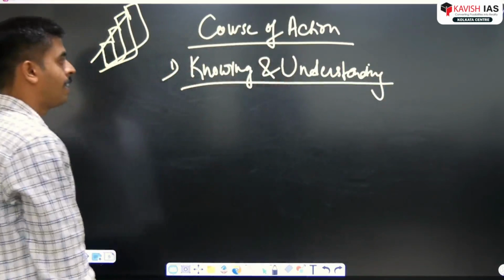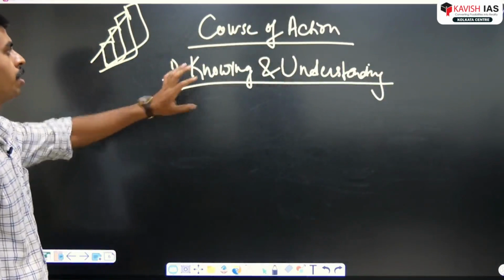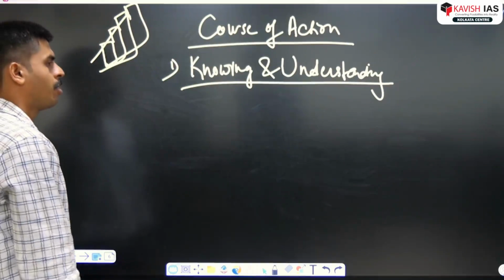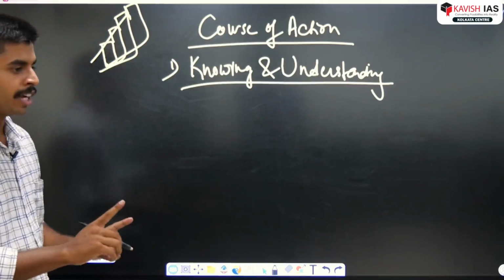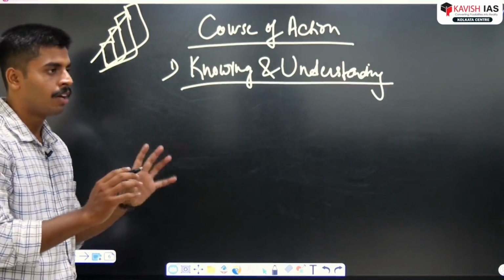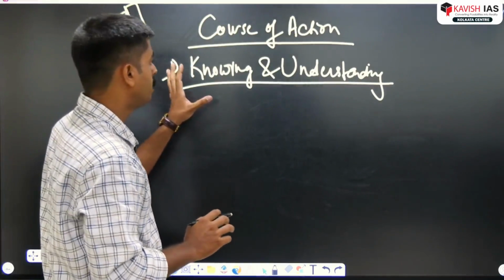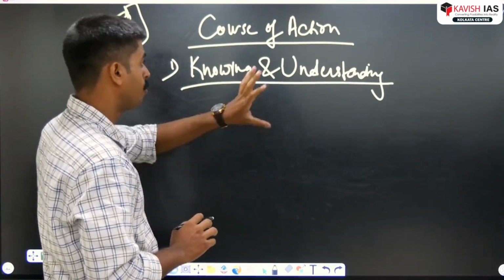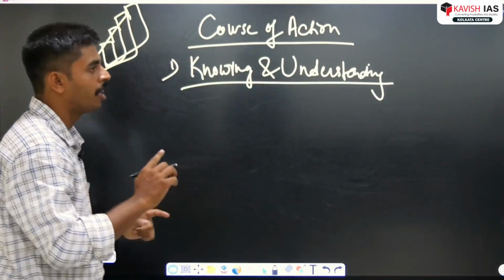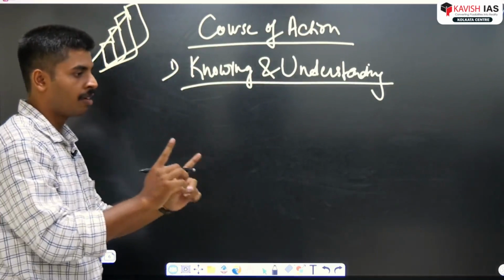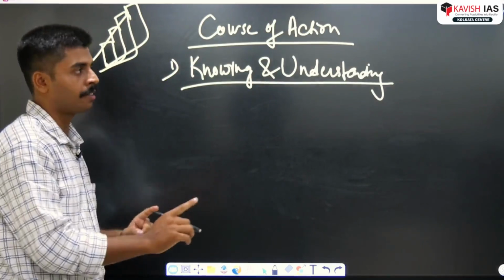Knowing and understanding is the first step that you should write in a course of action, because it shows that you have a very sensible and calm mind. You first go into the details of the case, and then you frame your approach, that what should be done, right?